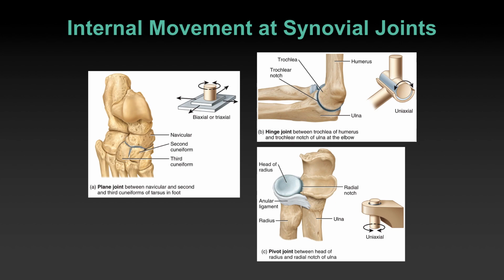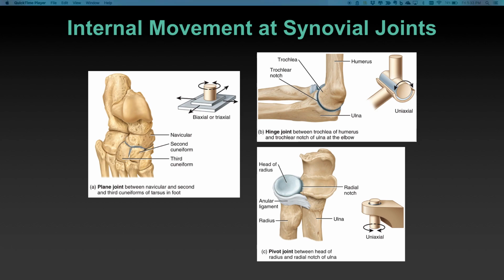Let's see if this works. So you can imagine what I mean by planar joint, a gliding joint. Two surfaces moving together, no change in angle, but sliding across the surface of one another. So we've already mentioned that happens sometimes in the carpals. I'm going to show you that it happens also maybe in the spine.